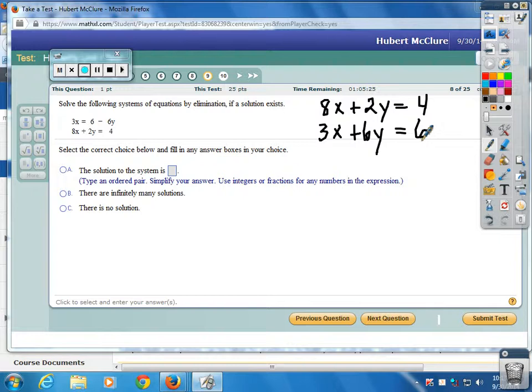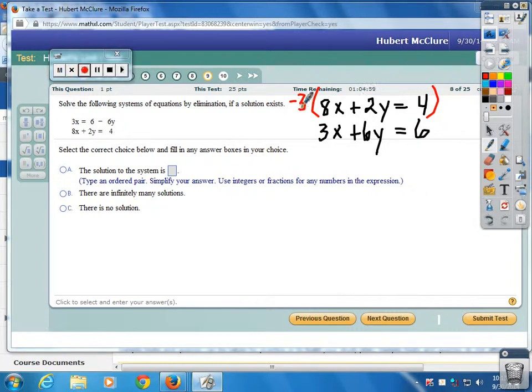So I'm going to pick the y because I'm going to multiply the top by what? What kind of 3? A negative 3. So multiply the top by negative 3, and what will that do? It'll cancel out the y's.